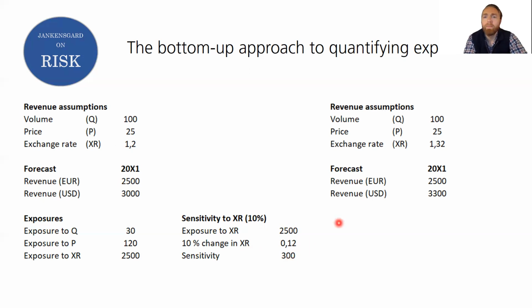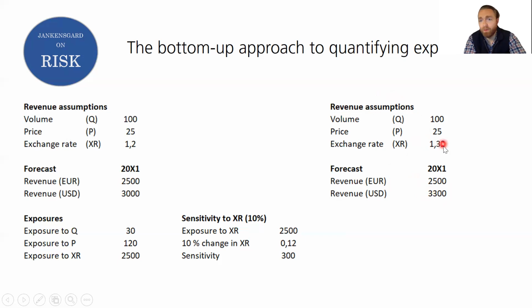So let's say that what actually happens later is that the exchange rate turns out to be 1.32. There is a 10% change. Then the revenue in euro terms will not be impacted by that. It's still in foreign currency terms, but the home currency value of those cash flows will be different now.